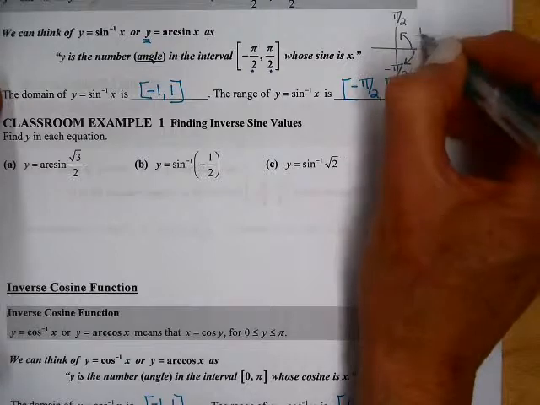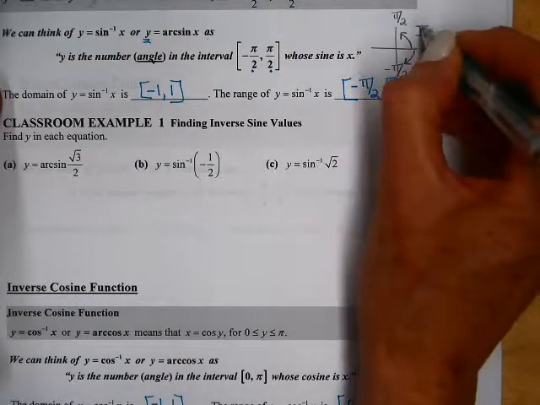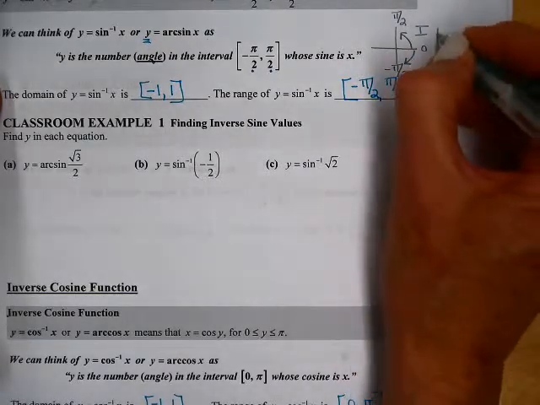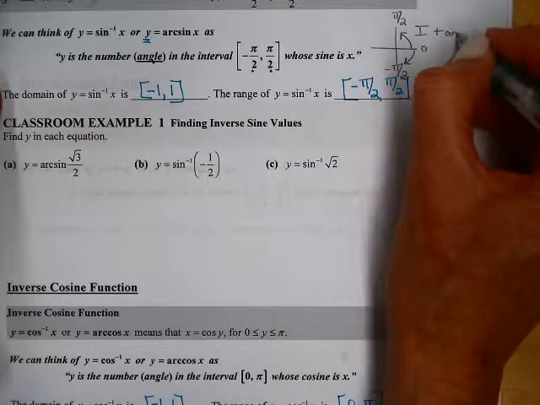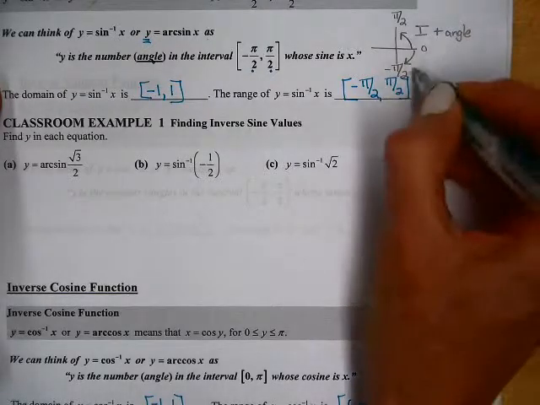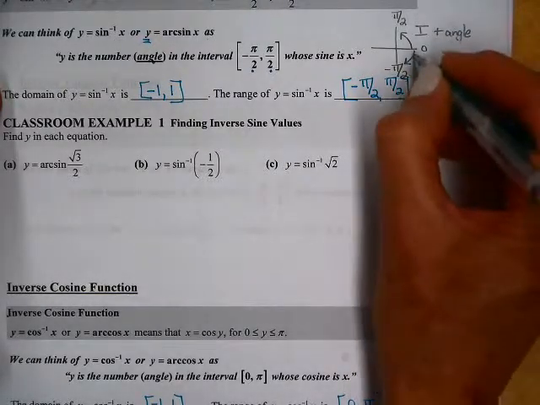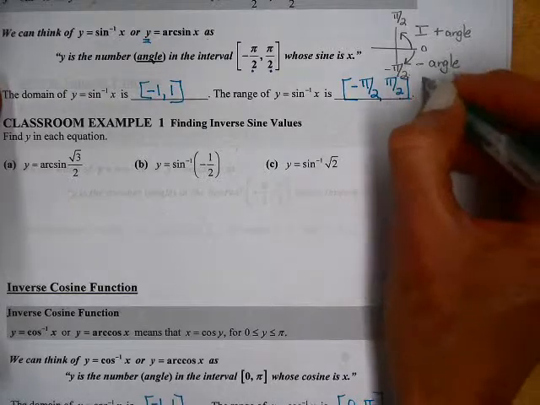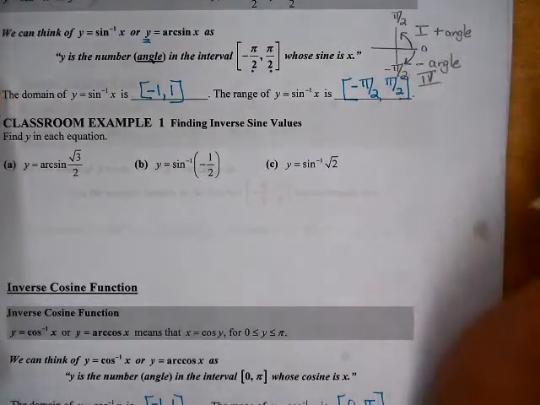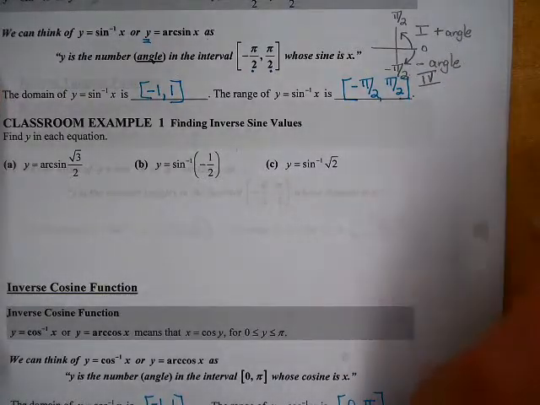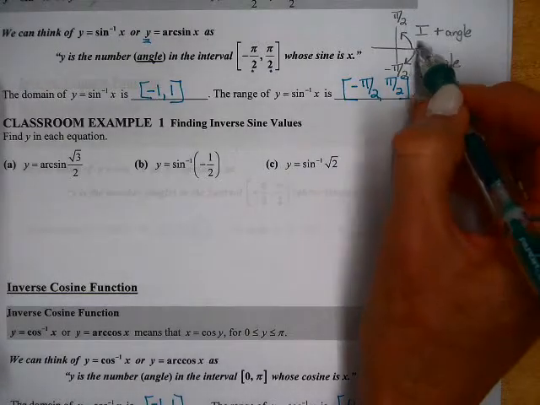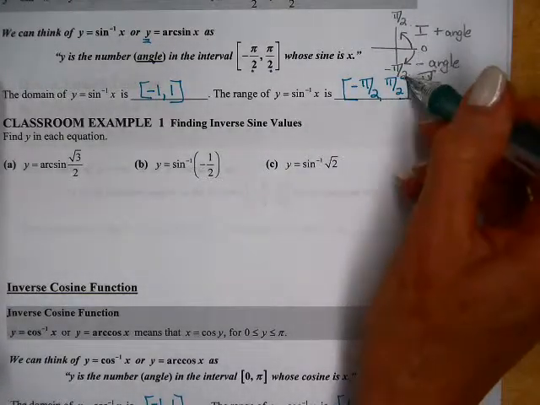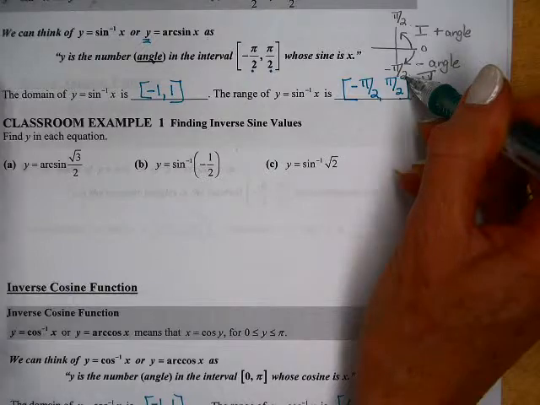Which means you are looking for an angle that is either in quadrant 1, in which case that would be a positive angle, or you are looking for an angle in quadrant 4 that's rotated down. It would be a negative angle. So your angle has got to either be in quadrant 1 or quadrant 4. If it is in quadrant 1, it's positive. If it is in quadrant 4, it has to be negative because it's rotating down.